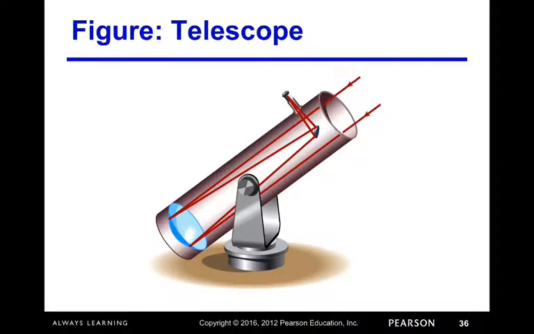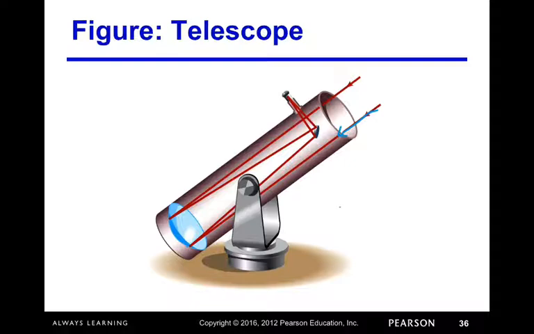We also might have a telescope. So we have the light coming into this telescope, hitting a mirror, bouncing that back. If you notice, it's coming in straight here. It's going to hit this mirror and bounce up to another mirror, and you're looking at a lens, and each time this is magnifying.